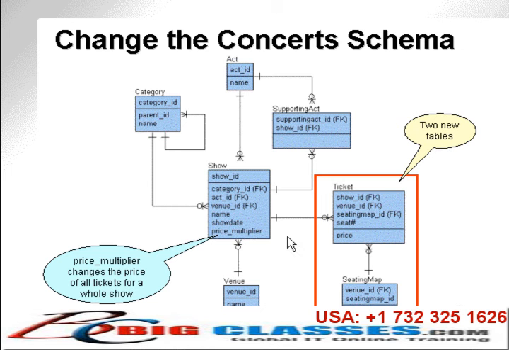The price multiplier column is an adjustment for each show that can be applied to each ticket. So really the price multiplier and the seating map entity and column are a setup mechanism for the tickets. The ticket table would contain the actual prices of tickets.